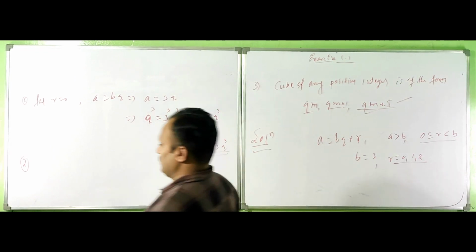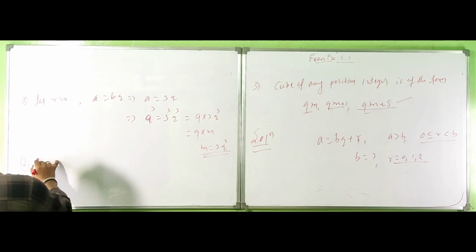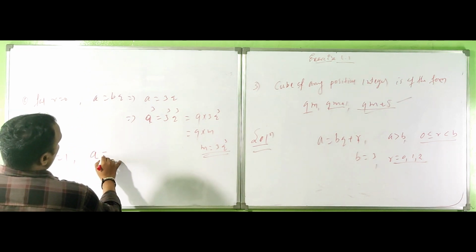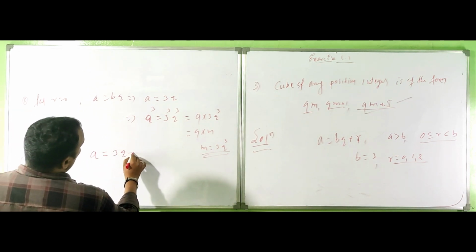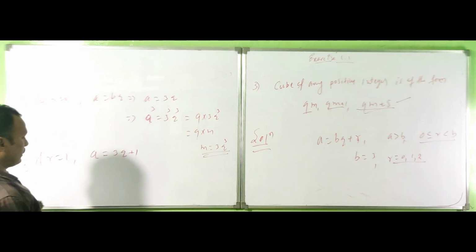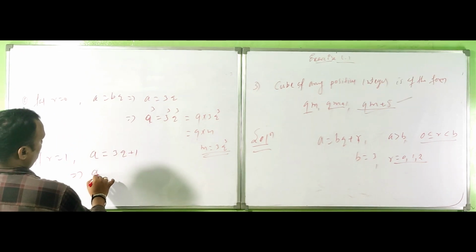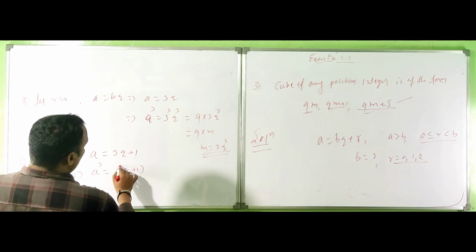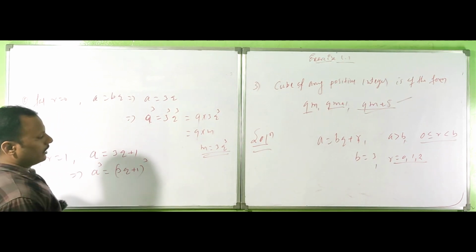Okay, like that. Say if r is equal to 1, then a becomes 3q plus 1. Okay, cubing on both sides, a cube is equal to (3q plus 1) whole cube, right?